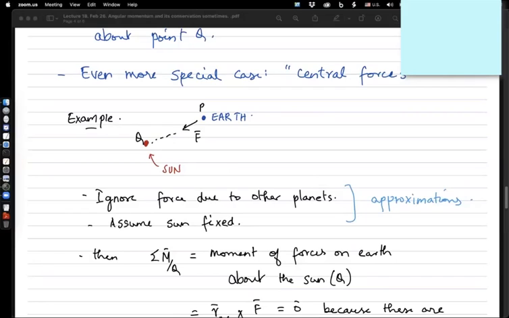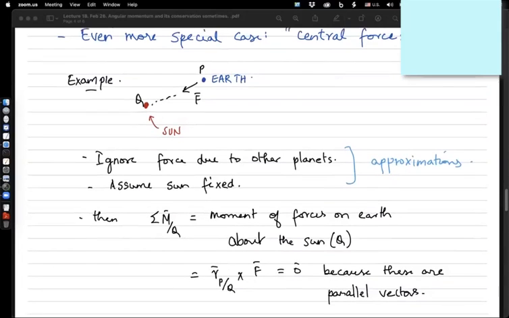It's going to be along the line joining Q and P. So let's look at the moment of this force about that point Q. Let's take everything about point Q, namely the sun: the moments of forces about point Q, and also the angular momentum of Earth about point Q. Okay, so that's what we're going to do.